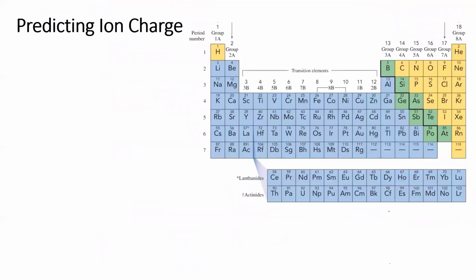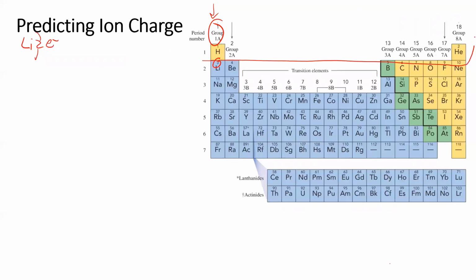So here's a periodic table. Group 1A, right? What does that mean? All of these elements have one valence electron, right? So I could look at lithium, right? It's got 3 protons. What does it mean? It has 3 electrons. Where do the first 2 go? First shell. How do I know?